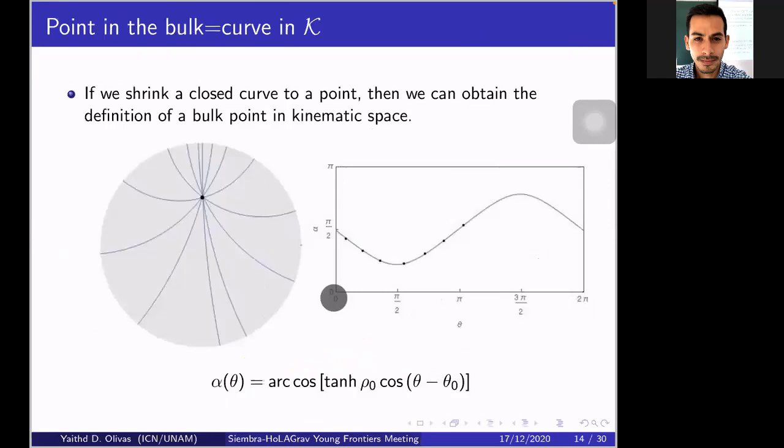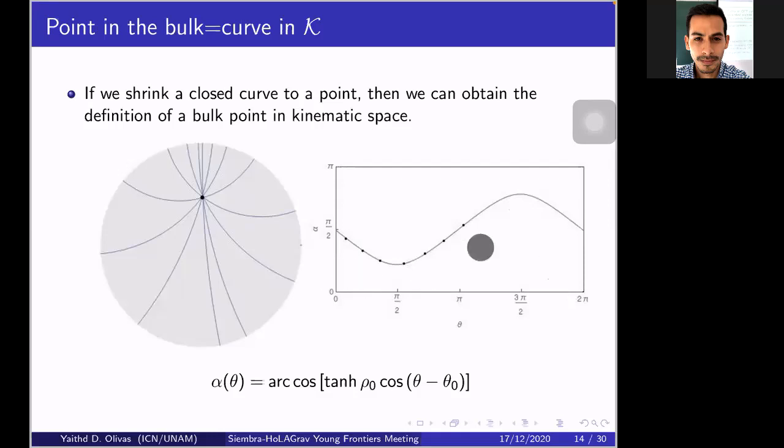So one interesting consequence of this connection is that we can find the information of a point in the bulk in kinematic space. And the way to do that is by considering a closed curve that we can shrink to a zero size. So in that way, we can prove that a point in kinematic space is going to look like a curve.